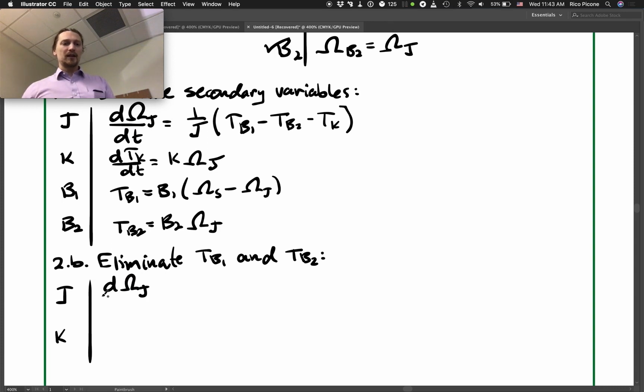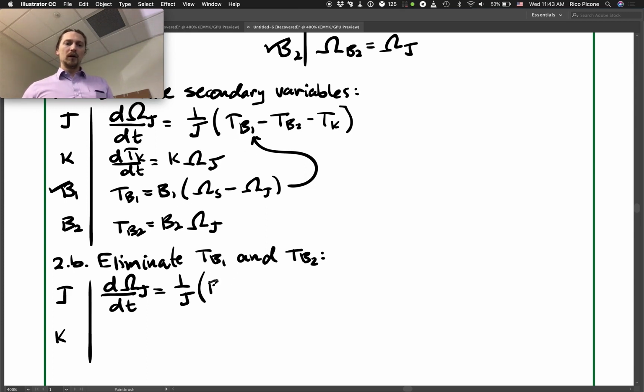Oh, I'm back. d omega J dt equals 1 over J times TB1, and we've got this originally elemental equation, but now a more complex equation right here for TB1, and we substitute that in for TB1 up there.